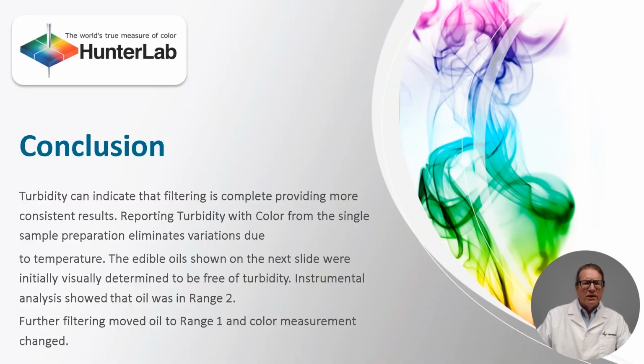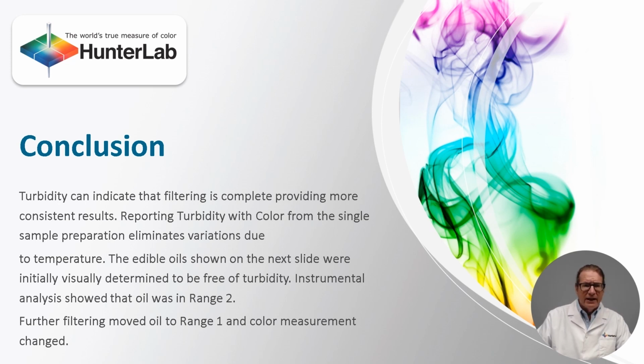So in conclusion, turbidity can indicate that filtering is complete, providing more consistent results. And reporting turbidity with color from a single sample preparation eliminates any variations between preparation or temperature of the sample, etc. The edible oils on the next page were initially determined to visually be free of turbidity.